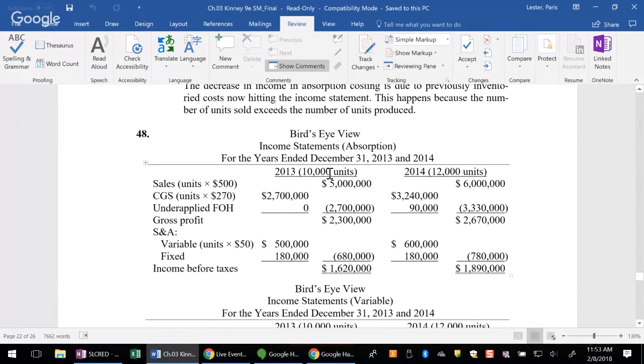$1,530,000. That should be your actual overhead. Now, how do we get 1,530,000? We've got to find that actual overhead. I'm just working backwards.